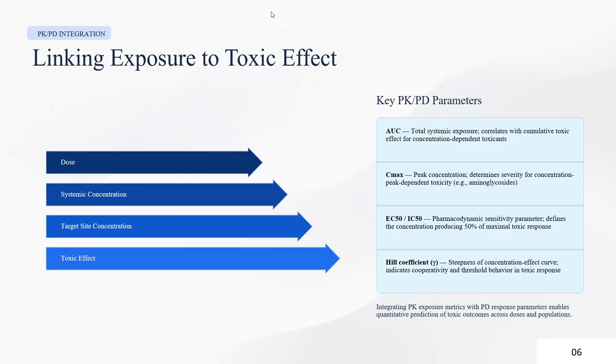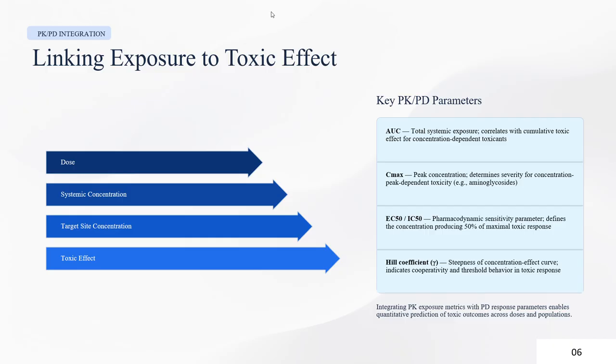Then we link both pharmacokinetic and pharmacodynamic effects and how they relate to the toxic effect. This slide demonstrates how exposure is linked to the toxic response. The sequence begins with the dose, then the systemic concentration, target site concentration, and toxic effect.